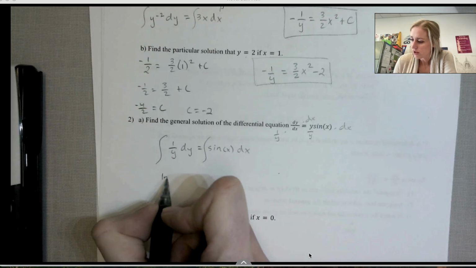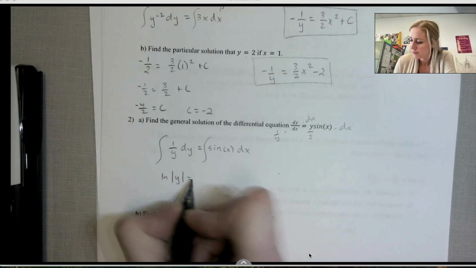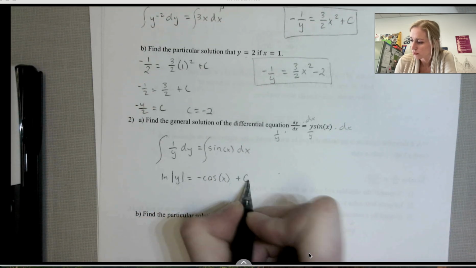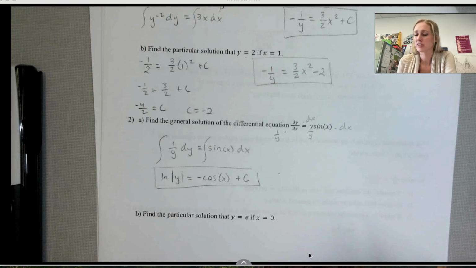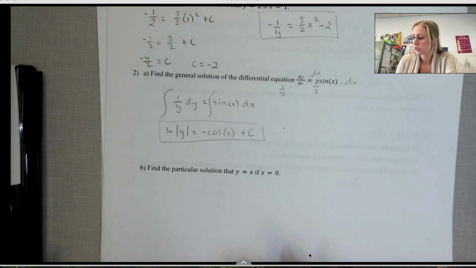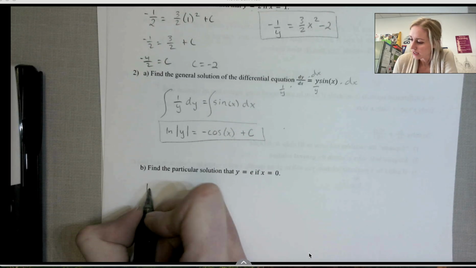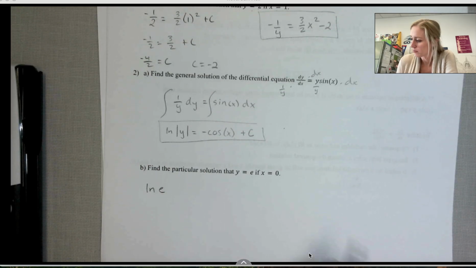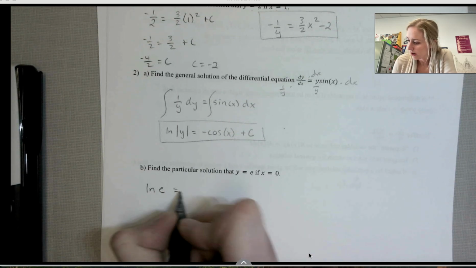Here I get the natural log of the absolute value of y equals negative cosine x. And then again, for the general, we're going to include that plus c. For the particular solution, we're going to substitute in e for y. E is positive, so I don't actually need the absolute value there anymore. And then 0 for x.